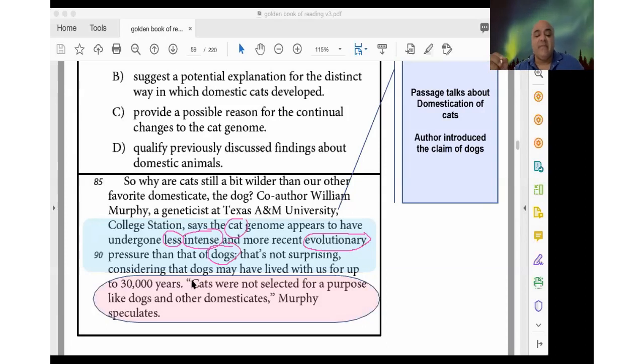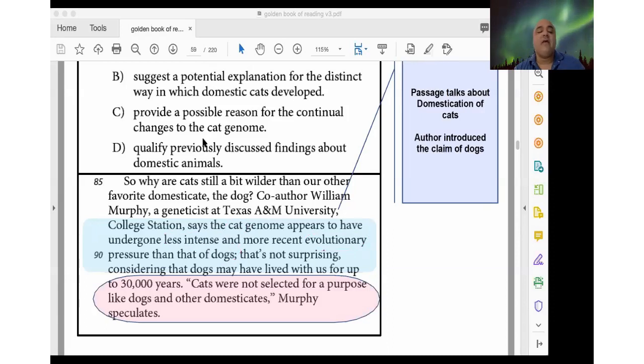When he said again, it is less intense than the genome of the dogs. So our answer has to stress the cats, especially the genome of the cat, which is less intense and has a recent evolution. Never pick a choice that has something to do with the claim introduced from outside, which is the dog's claim. Let's go through the answer choices.